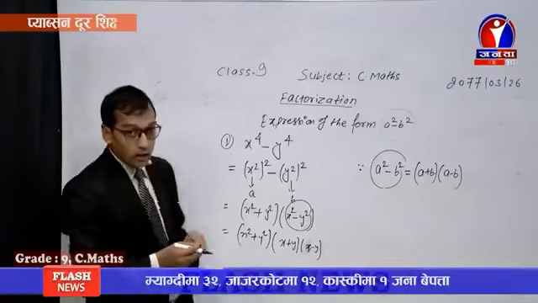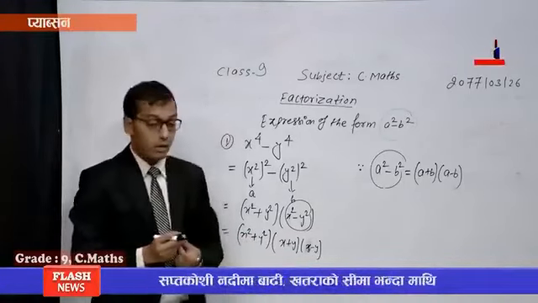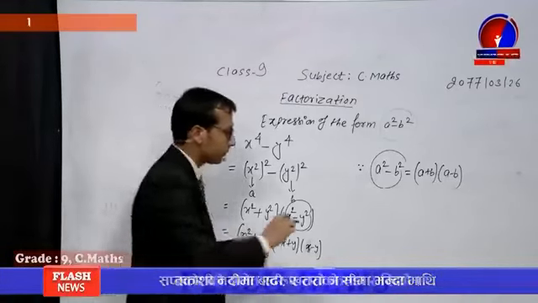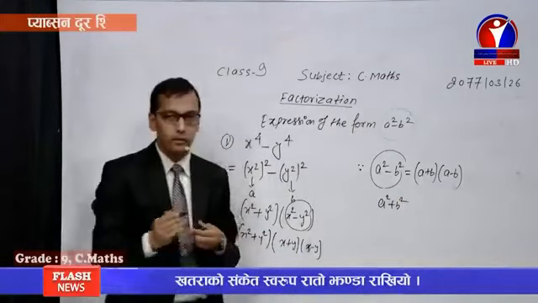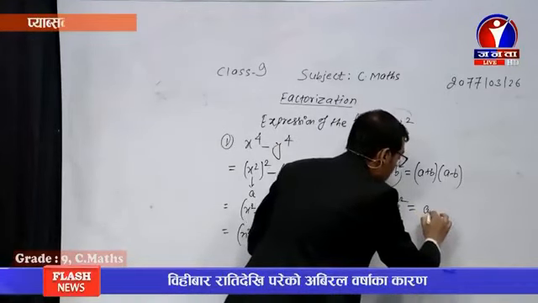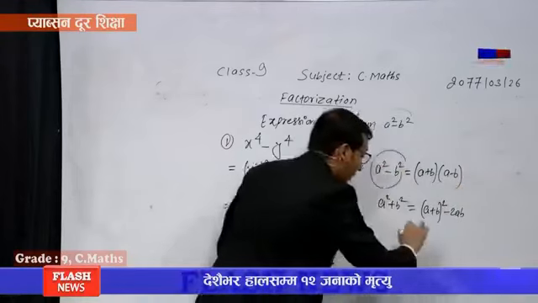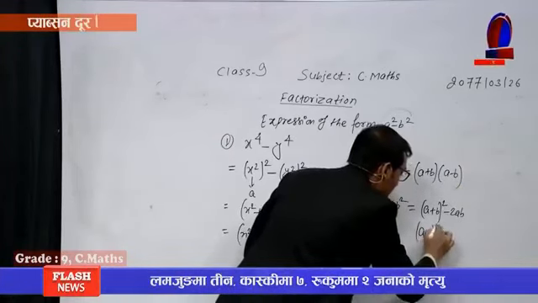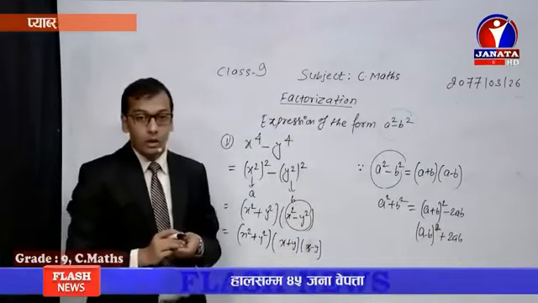Now why are we not factorizing x square plus y square? It is in a square plus b square form, and it has an expanded form, a plus b whole square minus twice ab, or a minus b whole square plus 2ab.